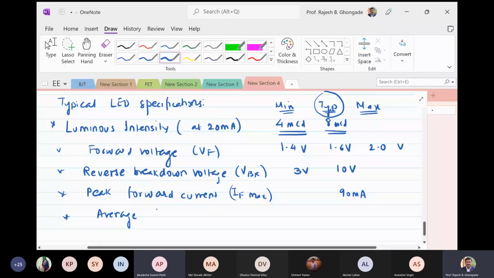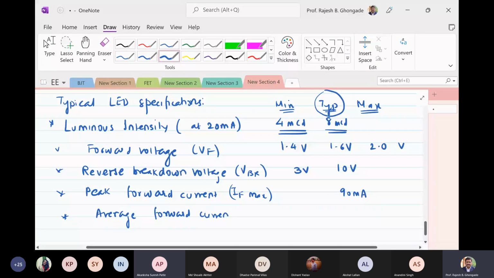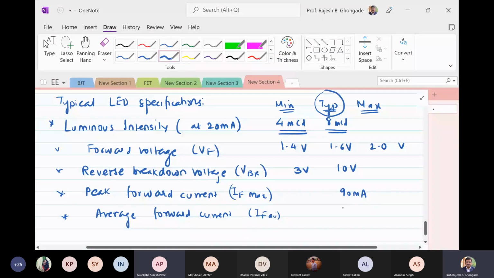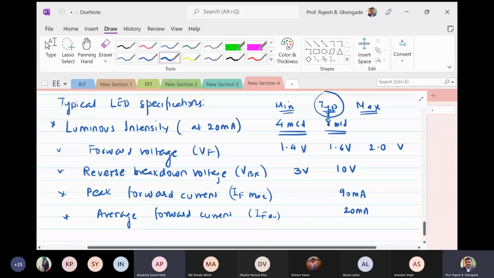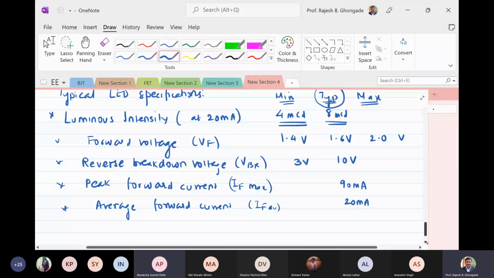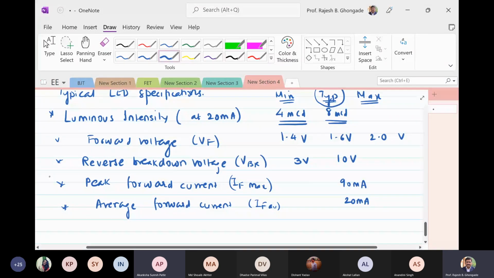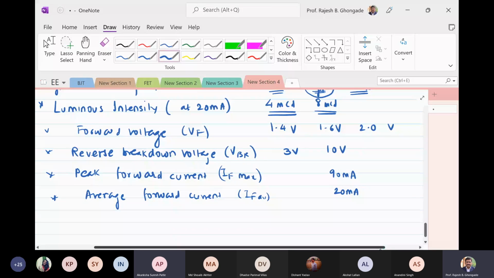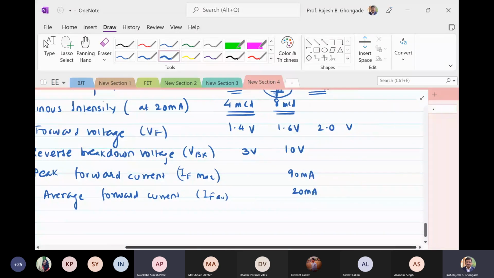Average forward current IFAV is 20 milliamperes. But do you see the difference here? There are two parameters talking about the current. One is called the peak current and the other the average current. What is the difference? See, this is a very important concept.